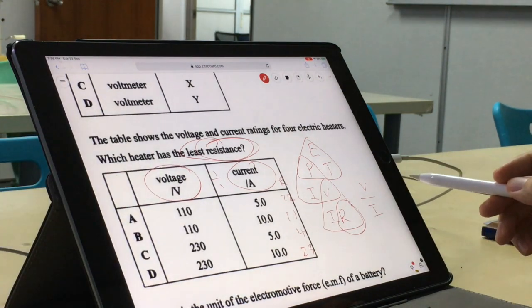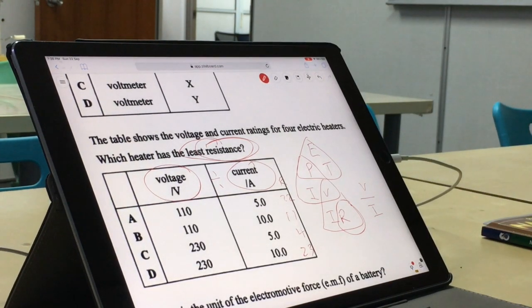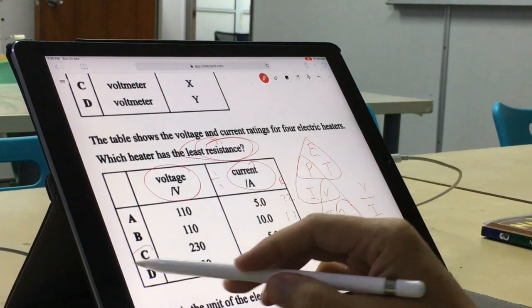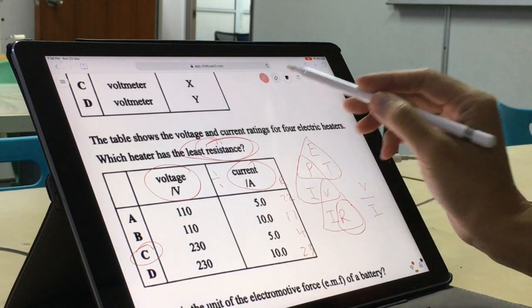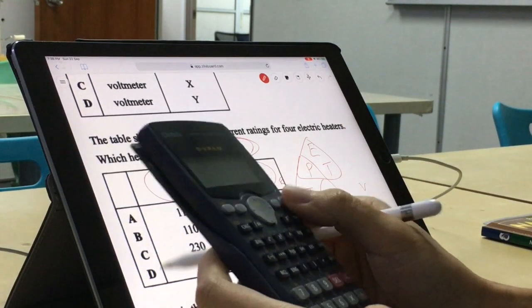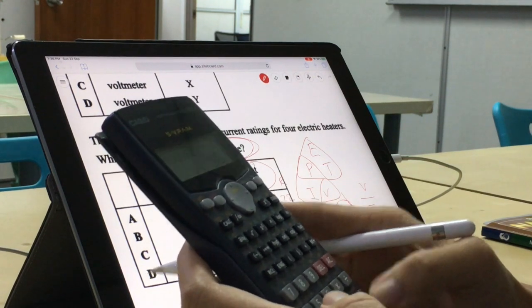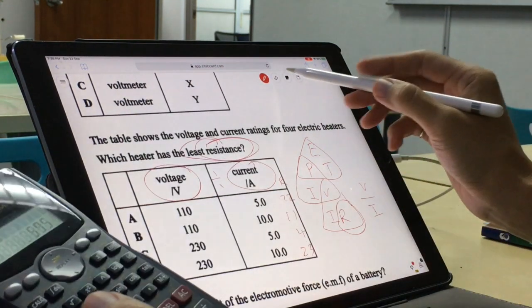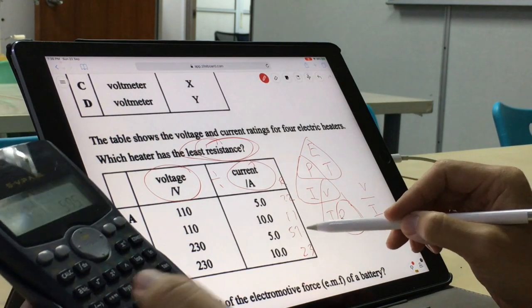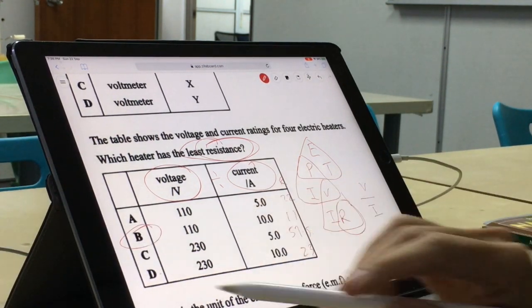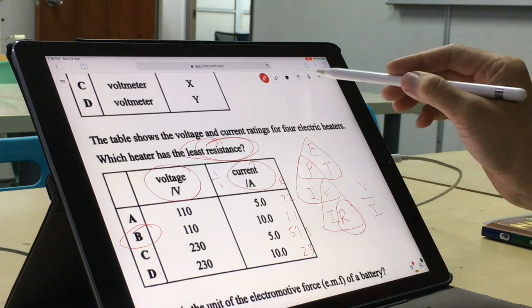Okay, so which one has the smallest resistance? Yep, 4. C. Yeah. Wrong, calculation error. 230 divided by 5 is 57. Wrong. Then B. Okay, B. It's pretty simple.